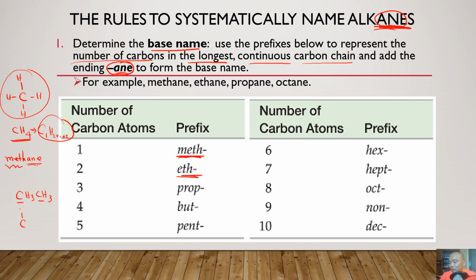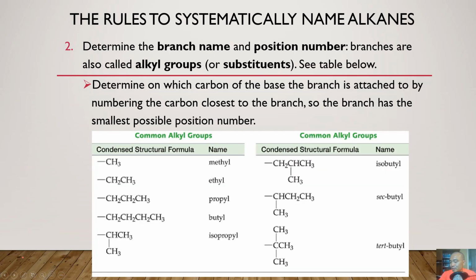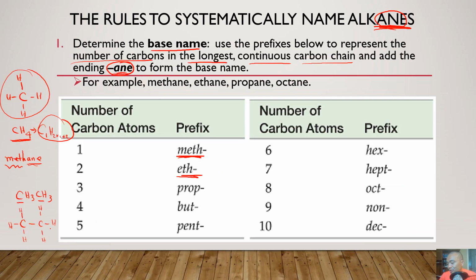Because if you spread out the hydrogens, you will know each carbon has 3 hydrogens, connected with single bonds. So it's 2 carbons in the main chain. Okay, so that's why you use eth. And yet all single bonds, that means it's ethane over here.